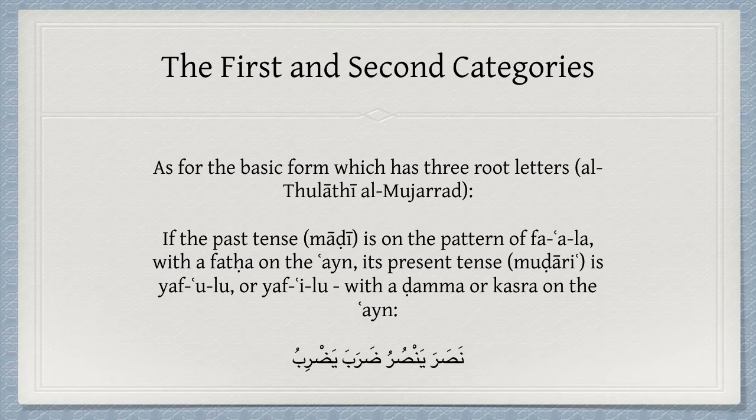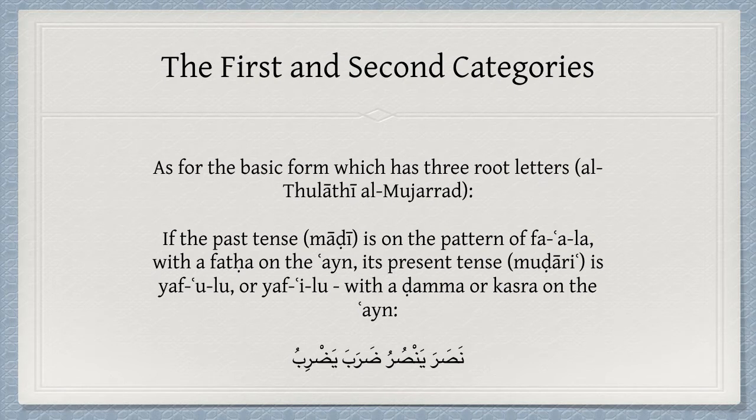So what's the difference between a past tense and a present tense? Firstly, a past tense verb just has the 3 letters fa, ayn, lam, like da, ra, ba, and they all have a vowel on them, and the last vowel is always a fatha.